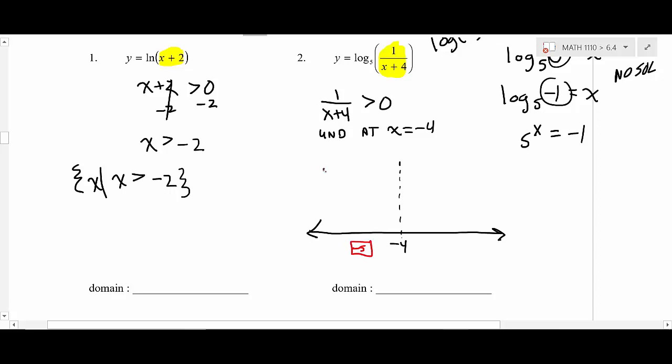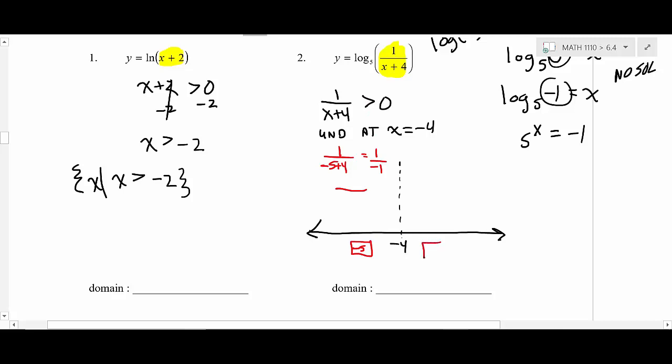Okay, all right. Plug it in to the function. Just go 1 over -5 plus 4. And then that would be 1 over -1, so that's a negative answer. Since it's negative, that's not what we're looking for. That would really mean that the graph is below the x-axis. So we don't want that.